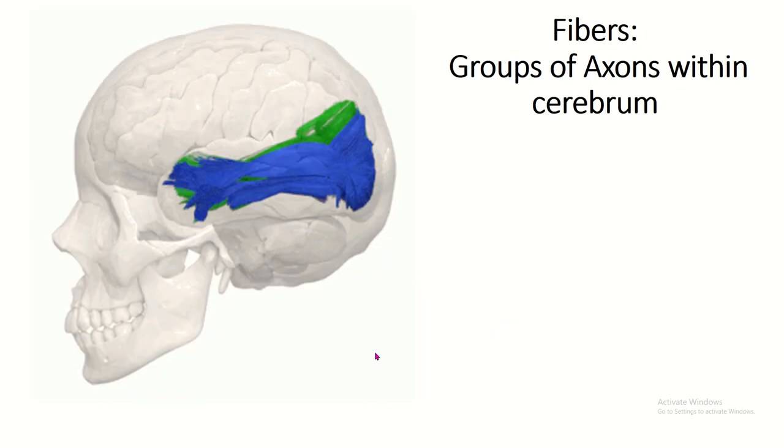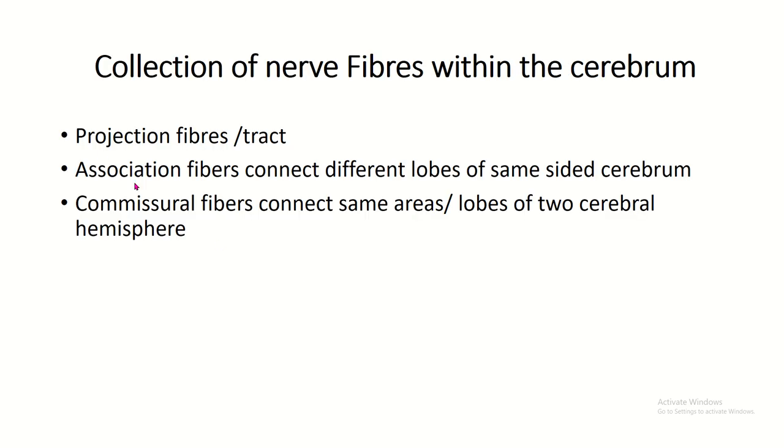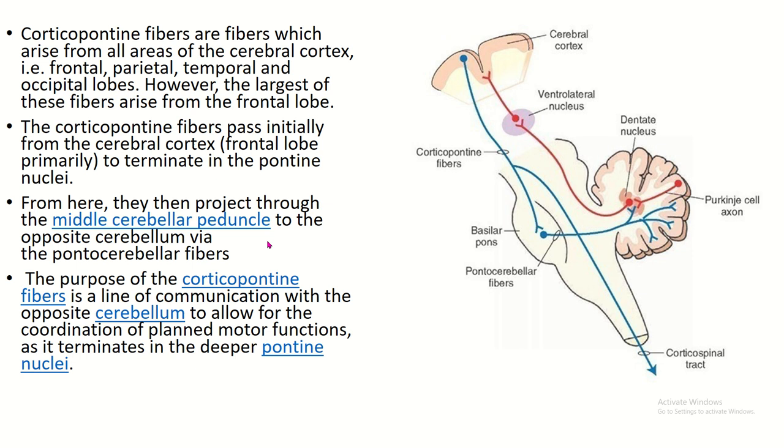Fiber. Fibers within the cerebrum. They are actually groups of axons which are present within the cerebrum, and sometimes they exit the cerebrum and reach other parts of the brain. Projection fiber, association fiber, commissural fiber. Projection fibers are of two types.